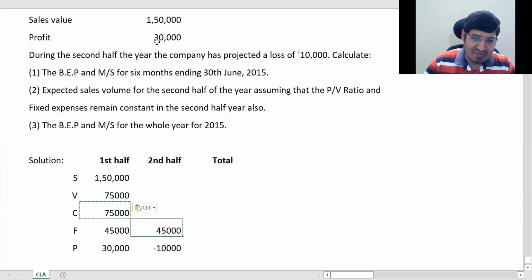Now the second part, again you can use this relation: C minus F is equal to P. So P you have to put as minus here.